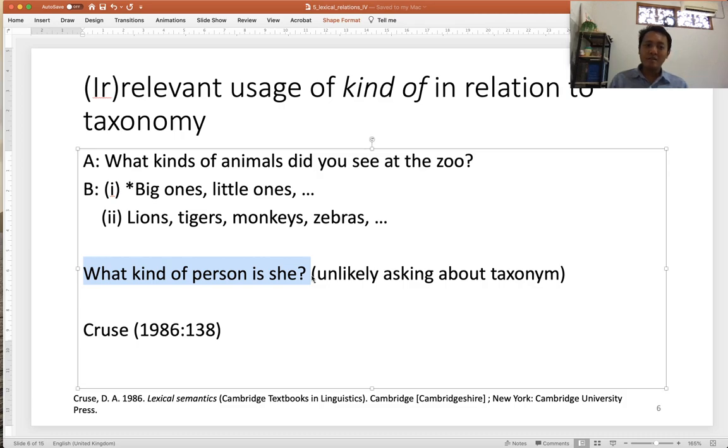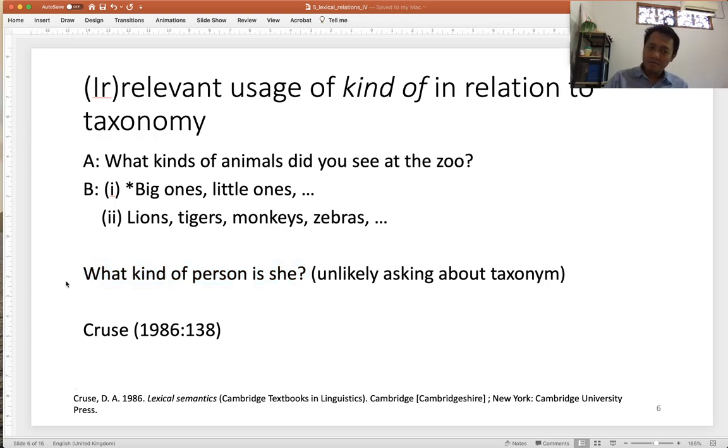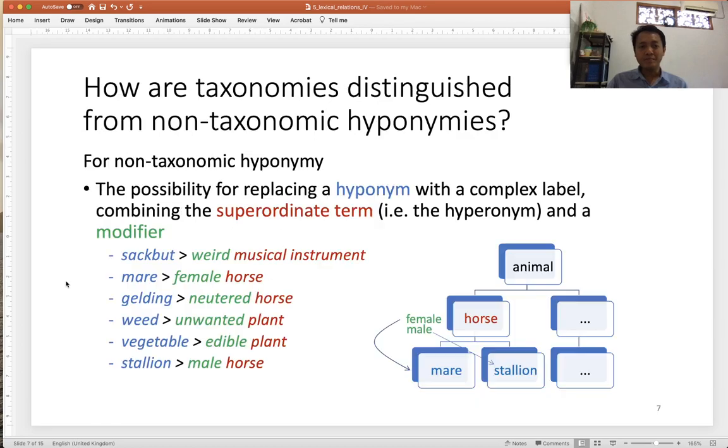So in this case, the most probable answer would be something like, oh, she is reliable, she is nice, she is helpful. It asks you about characteristic of a person with the phrase kind of in this context. So there are irrelevant and relevant usages of kind of in relation to taxonomy.